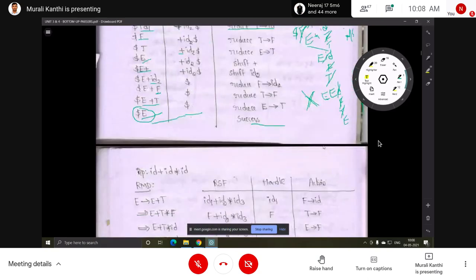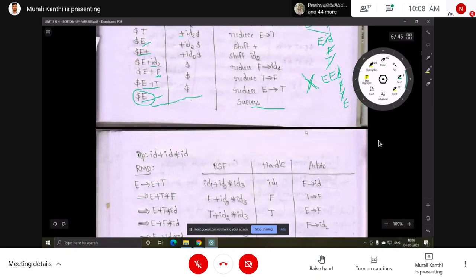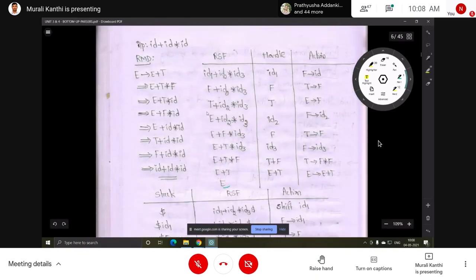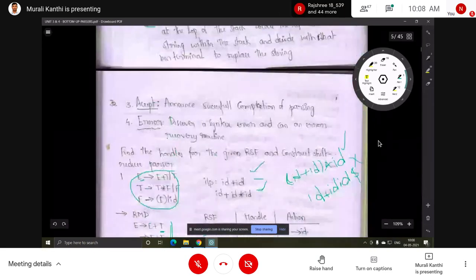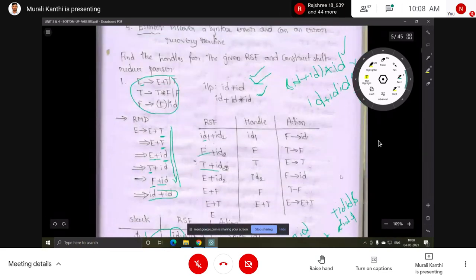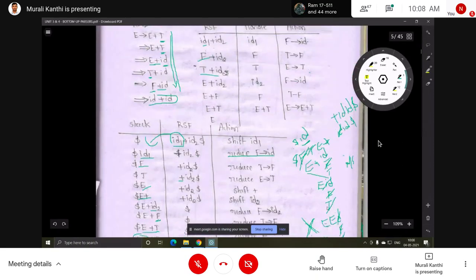Okay, clear? These are also the same. This is one input string, this is another input string, and this one is not accepted, which I have already shown.